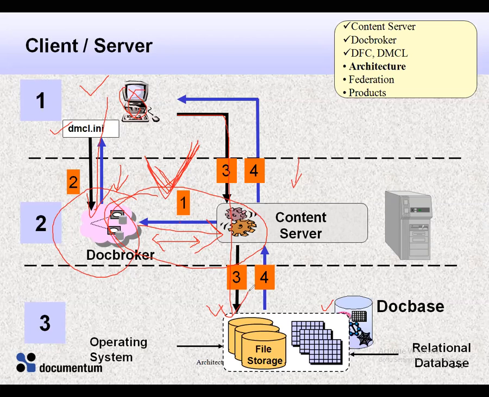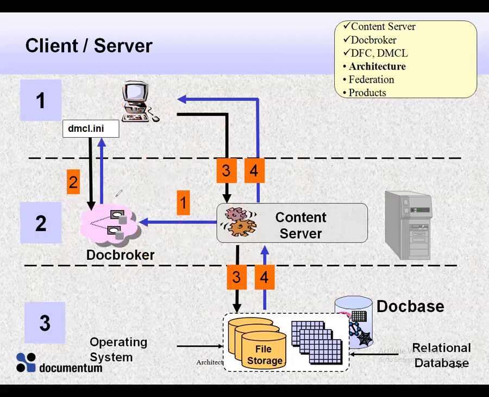Once you have a green signal from the docbroker that the server is up and running, then you pass your credentials and can interact further. If you look at this diagram, the second interaction takes place from the client to the docbroker.